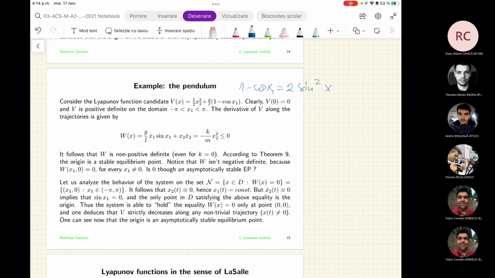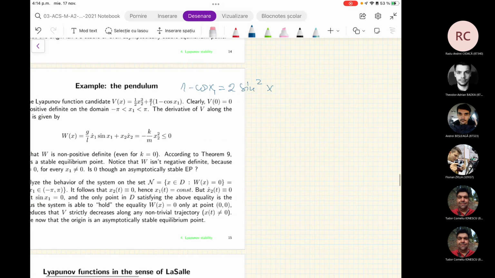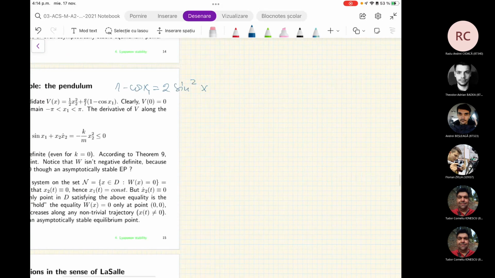So this is where this 1 minus cos comes from, and if x1 is between minus pi and pi, then 1 minus cosine x1 is always positive.